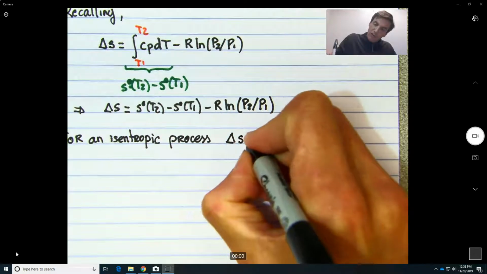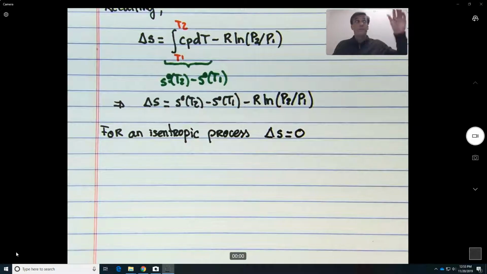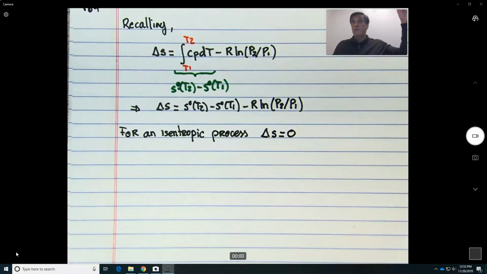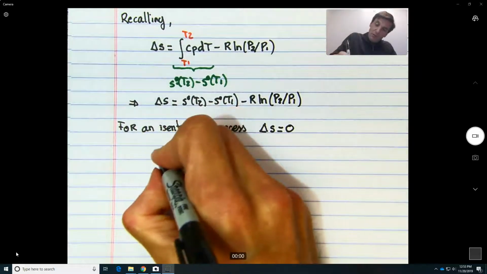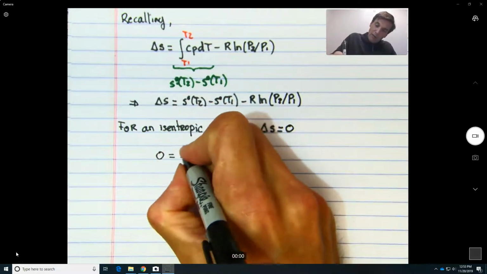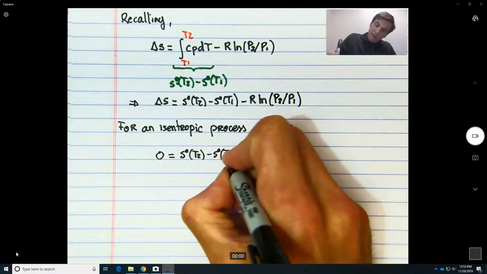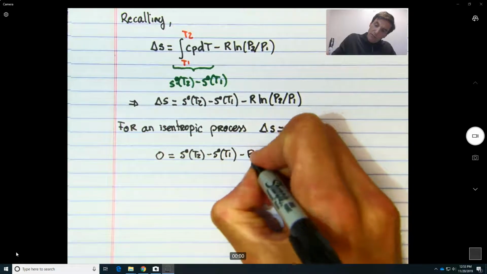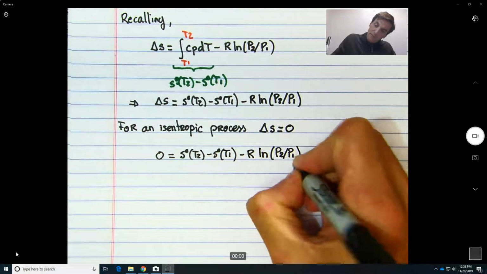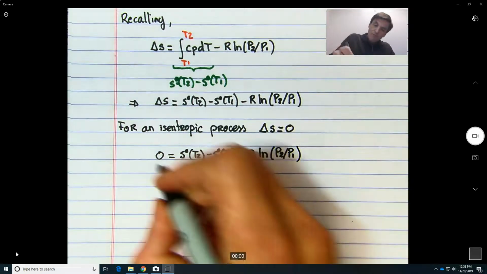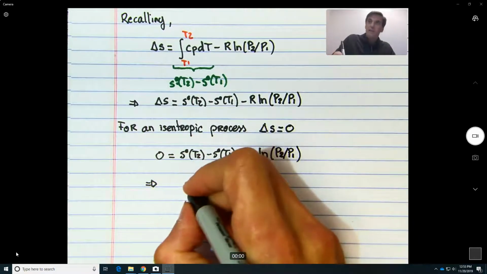That the total change in entropy will be equal to 0. So basically we can say that 0 will be equal to S sub O T2 minus S sub O T1 minus R log P2 over P1.